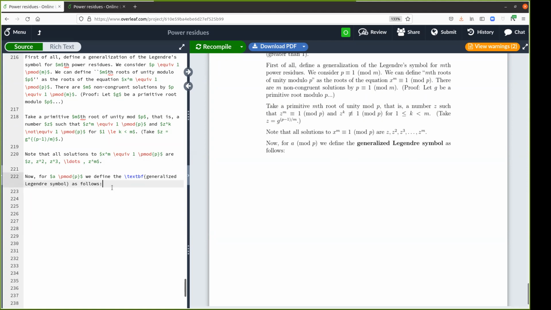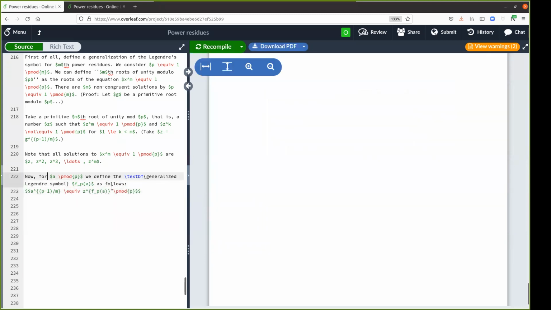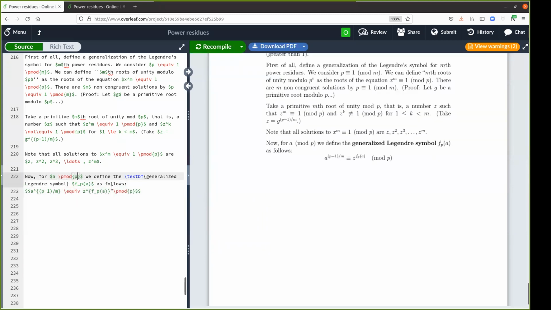And then we note that if we take any integer a modulo p which is non-zero, then a to the power of (p minus 1) over m is a solution to the equation x to the m is 1.